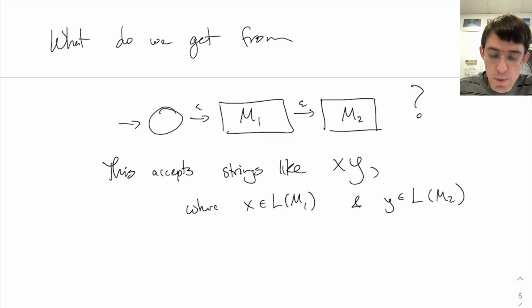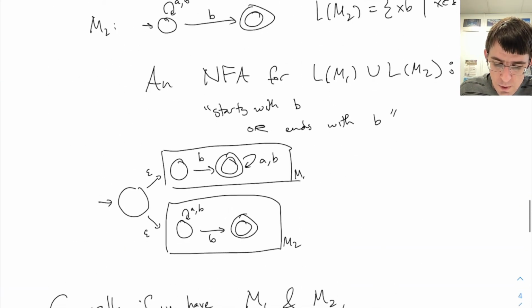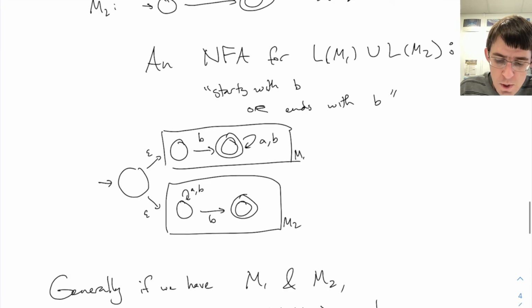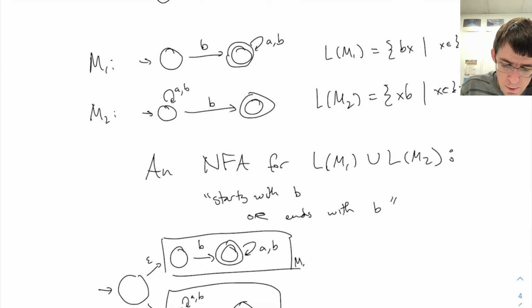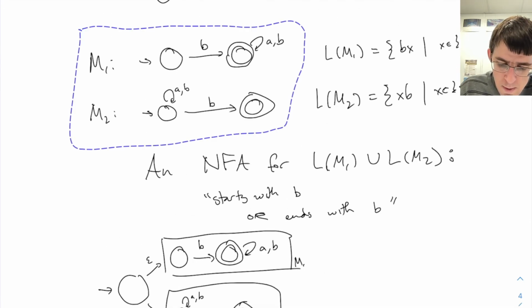It accepts a string where the first part got you all the way through M1 and was accepted, and then the second part of the string, which is the Y, is accepted on the second part of the machine. For example, up here we had two machines: starting with B and ending with B. Maybe I'll do a little copy paste action here.